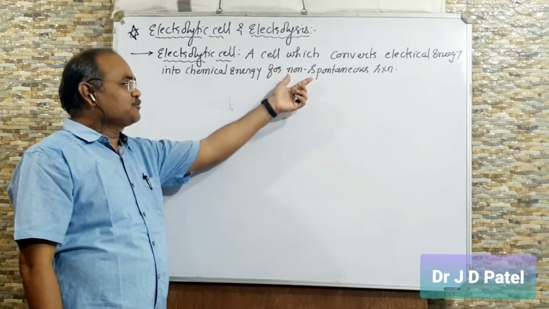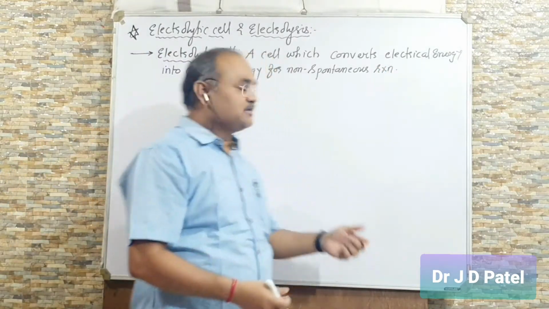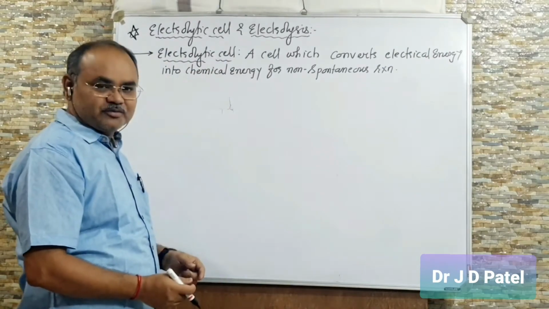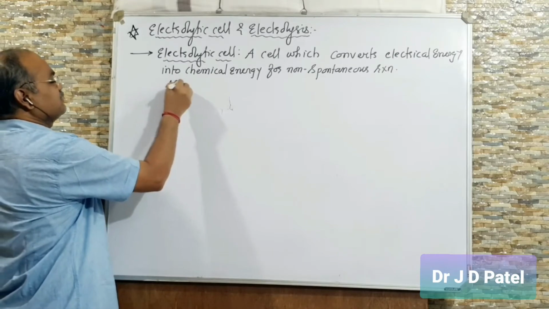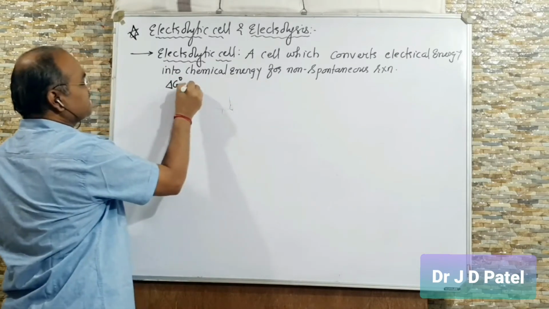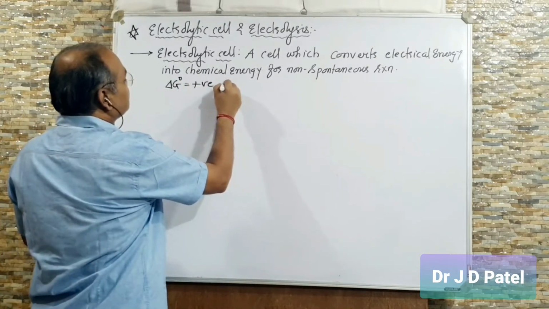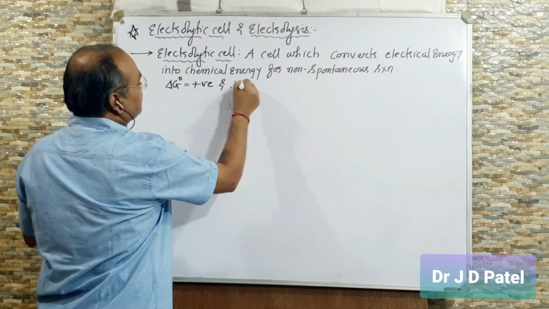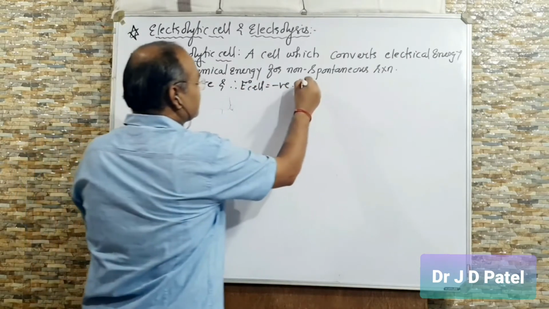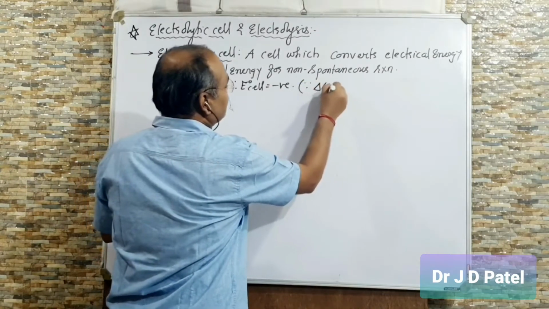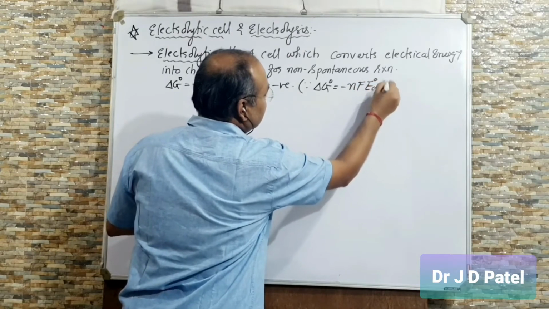So if a reaction is non-spontaneous and if you pass electric current, electrical energy, a chemical reaction will take place and chemical energy will be produced. Clear? So can I say that delta G0 for a non-spontaneous reaction is positive, and therefore E0 cell will be negative, because we know delta G0 is equal to minus nFE0 cell, right?